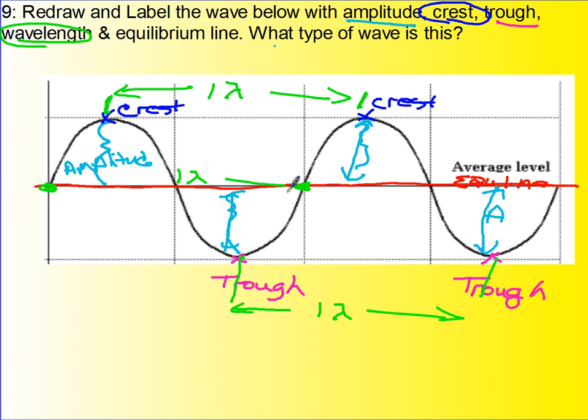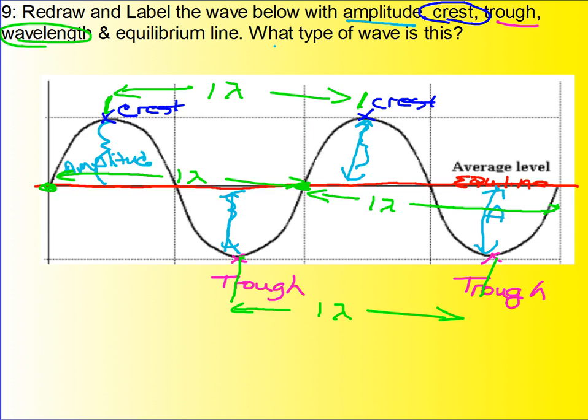So this is also a wavelength, but you have to make sure you get in one crest and one trough. This is another way you could have written this. So if I ask you to do this on the test, I'll only want one crest, one amplitude, one wavelength, one trough, and of course the equilibrium line.